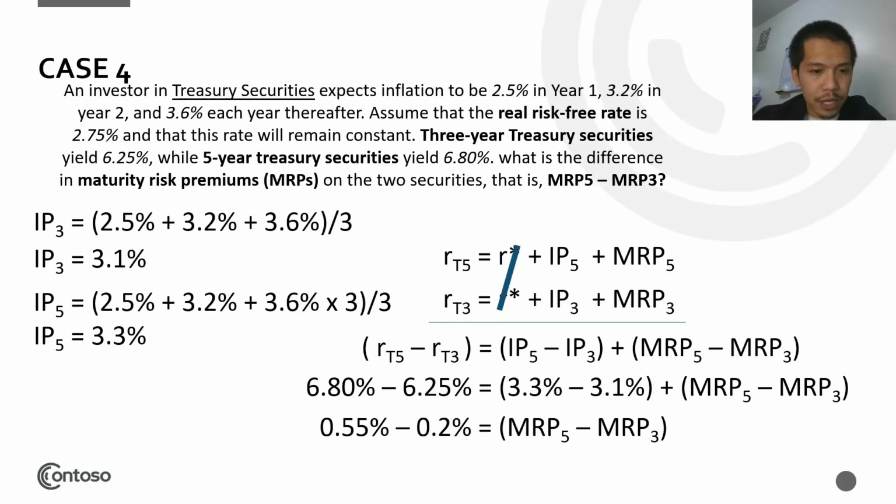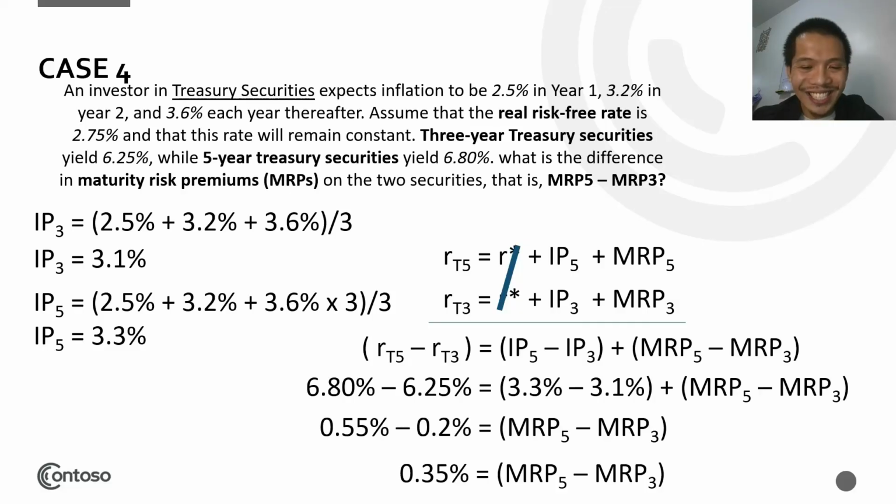So we would end up with 0.55%, the difference among the rates of the 5-year and the 3-year treasury bonds, and minus 0.2% pertaining to the differences in the inflation premium. You would end up with MRP sub 5 minus MRP sub 3 equal to 0.35%. This is the difference between a 5-year and a 3-year maturity risk premium. So that would be it for our cases in this exercise.